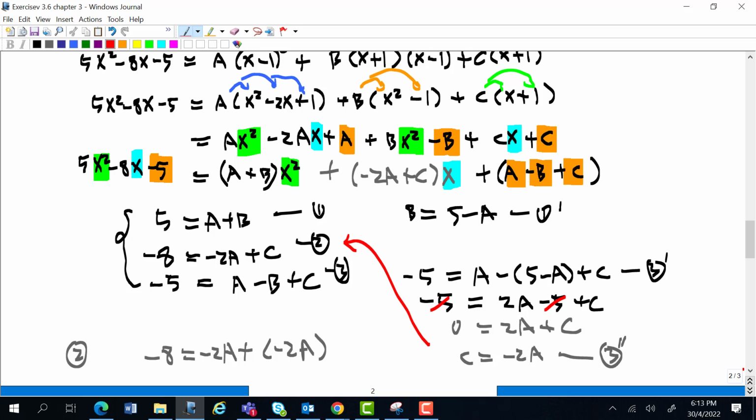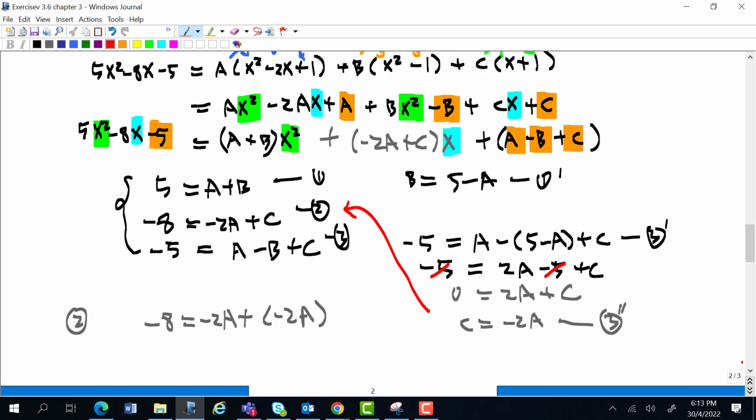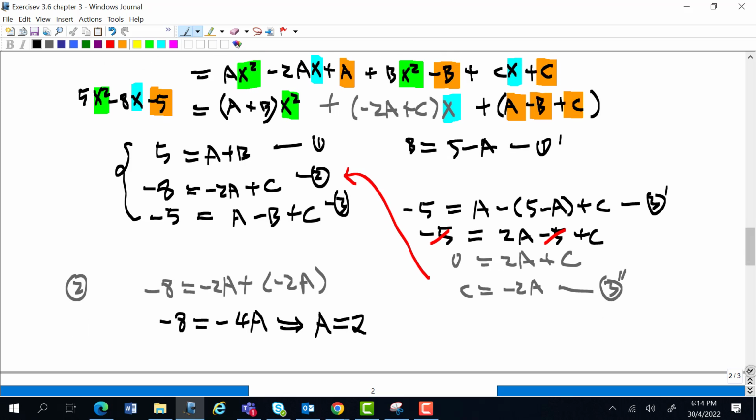So eventually you get minus 8 equal to minus 4a. So that means that a is equal to 2. Minus 4 times 2 is minus 8 here.